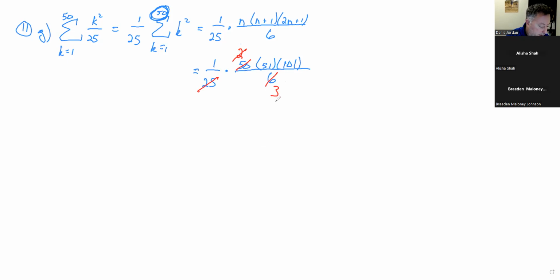And then the 3 can go into the 51 seventeen times. So now instead of having to multiply 50 times 51 times 101, you can just do the 17 times the 101, which is a whole lot faster and a whole lot easier to do.